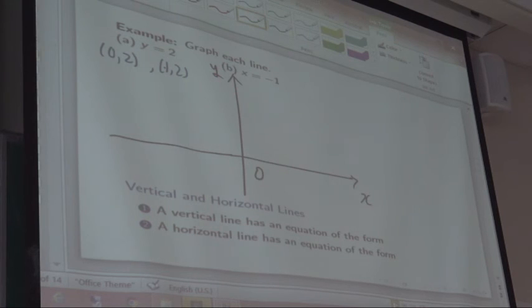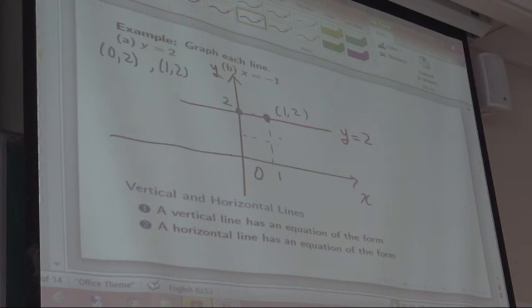Now we have two points. So just mark the two points, 0, 2 and 1, 2. When we connect them, we have a line. Y is equal to 2. That's easy.